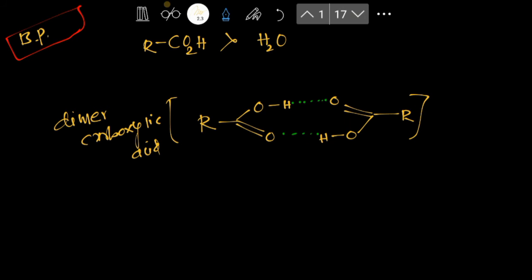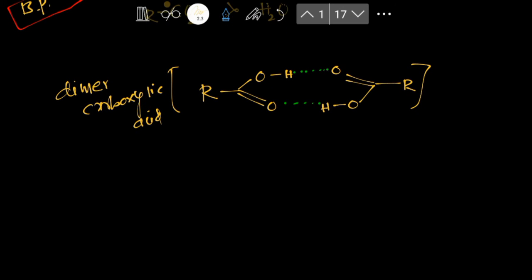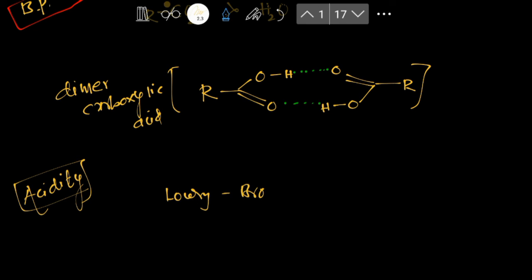Another property of carboxylic acid is the acidity, the acidic strength. According to which theory are carboxylic acids acidic? According to the Lowry and Bronsted acid-base theory, carboxylic acids are proton donors, so they donate the proton easily.